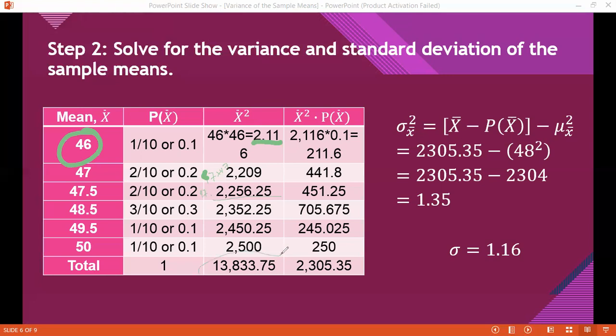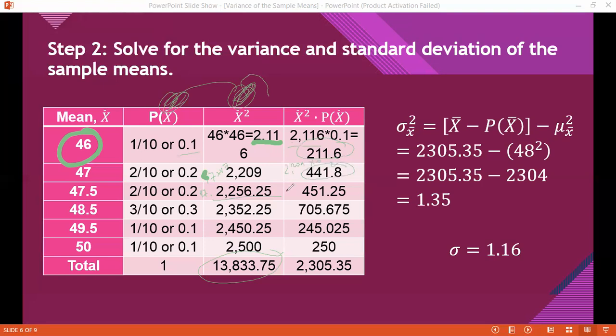Next, for the last column, you have the answer for the third column times its probability. 2,116 multiplied by 0.1, you have 211.6. Next, 2,209 times 0.2, the answer is 441.8.